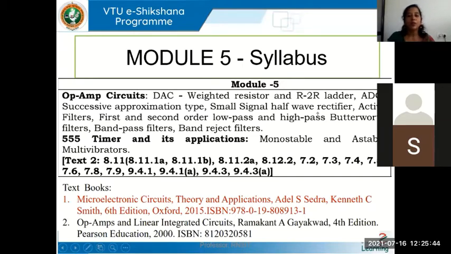So we are talking of a rectifier which can rectify signals less than 0.7 volts. Remember, when we use the normal diode half wave and full wave rectifiers, which you have done in your basic electronics, there was always that 0.7 volts limit. The diode had a cut-in voltage of 0.7 volts if it is a silicon diode.